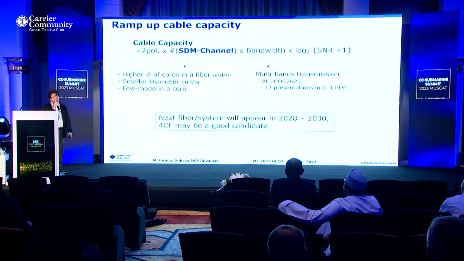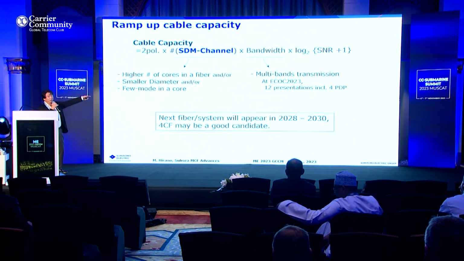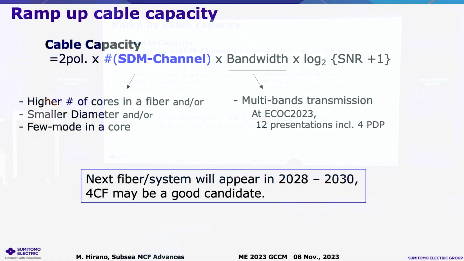So again, the Shannon capacity with the SDM channels. How to ramp up the cable capacity further? For considering the subsea fiber, the EDFA amplifier is very important. Yes, we know that the bandwidth is another degree of freedom.